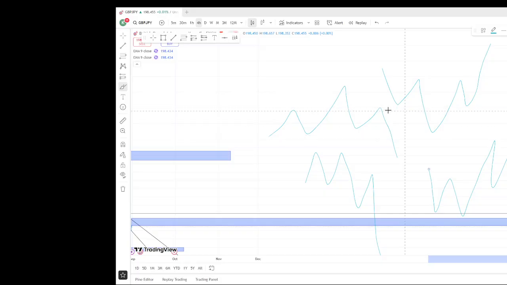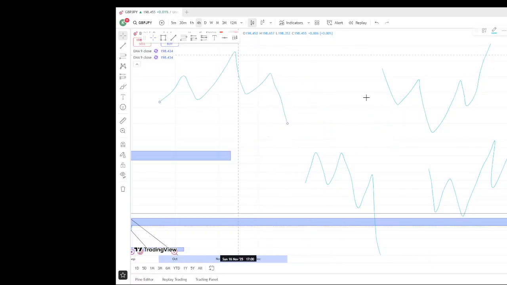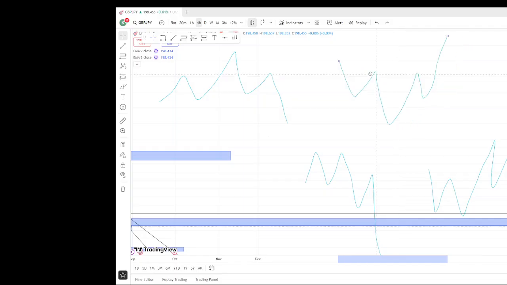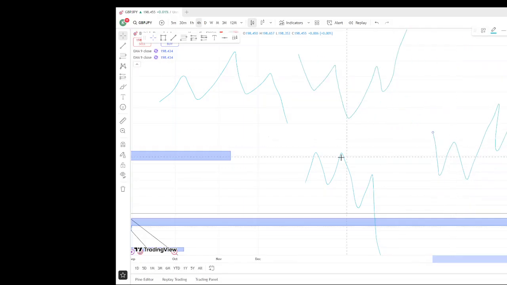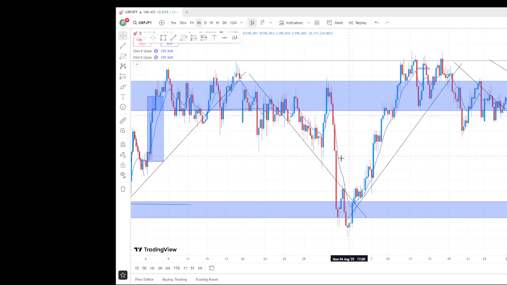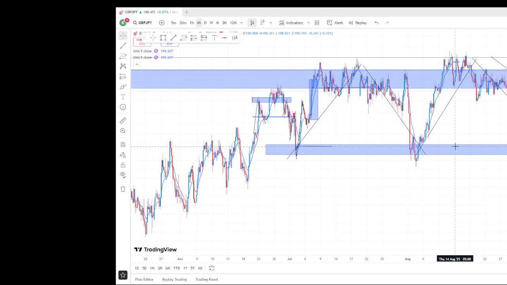So these are the patterns that I normally use. The head and shoulders is a very consistent pattern I use, and the double top and double bottom is also one that I use. So let's go back to where I saw the double top, double bottom.